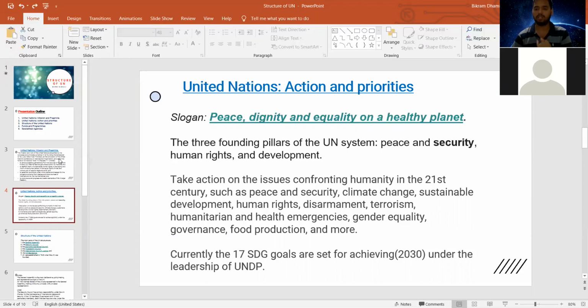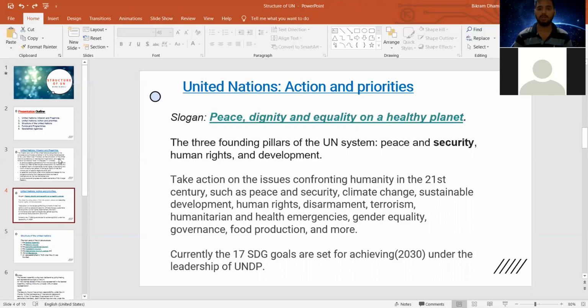Peace and security is the first priority or first pillar of the United Nations. The second is the advocacy of human rights, and the third pillar initiated by the United Nations is development.